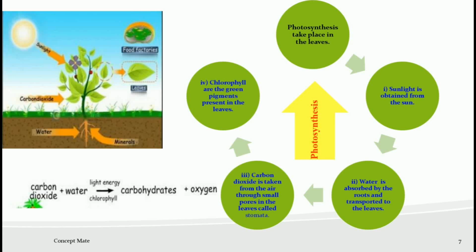Chlorophyll plays a very important role for photosynthesis to take place. It captures sunlight and transforms it into solar energy for use. Therefore, without sunlight, the whole process of photosynthesis cannot take place. This shows that sun is the ultimate source of energy for all living beings.